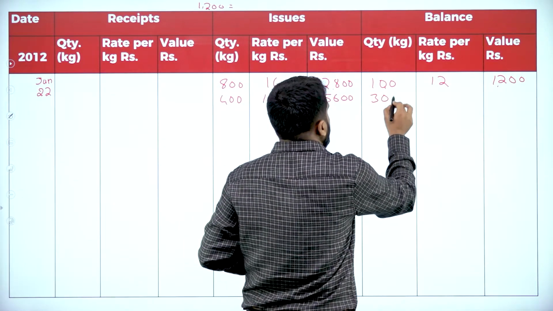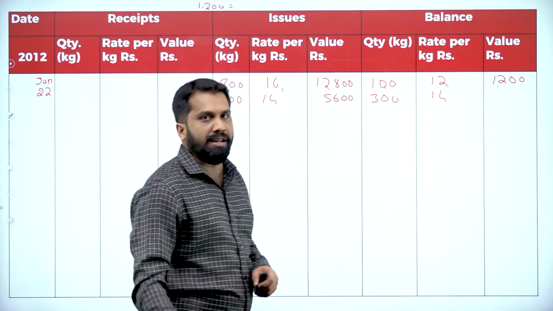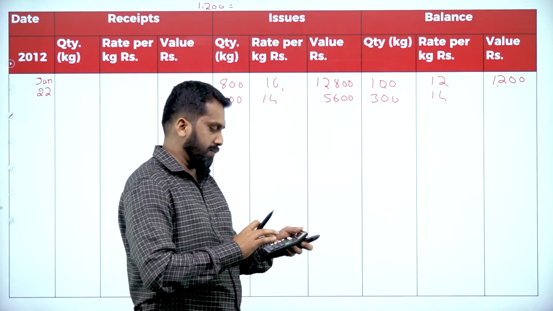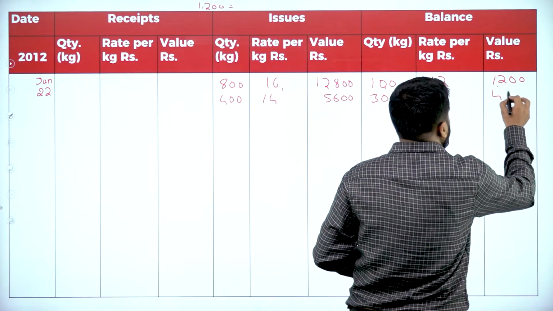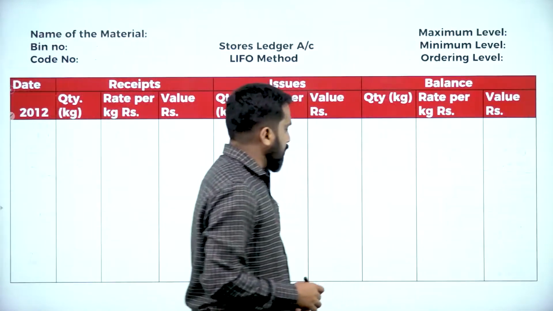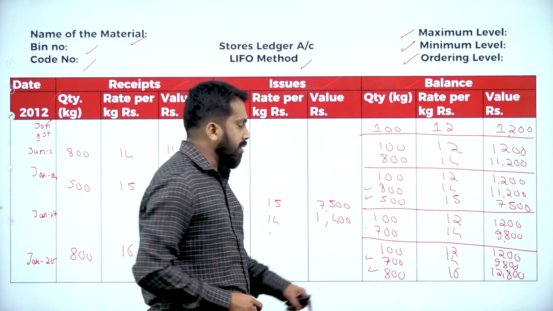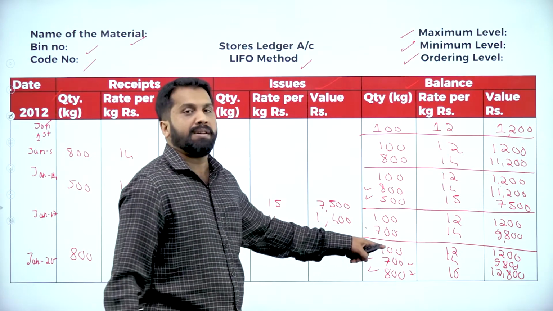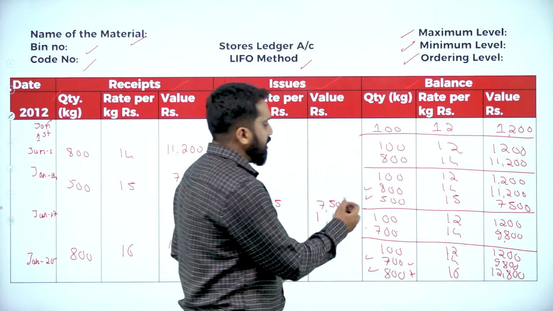Now 300 into 14 is 4,200. This one, 800, you have used completely, so we will not consider it. We will consider only the part from 700. Hope you are clear. Now this is done. We'll go to next.